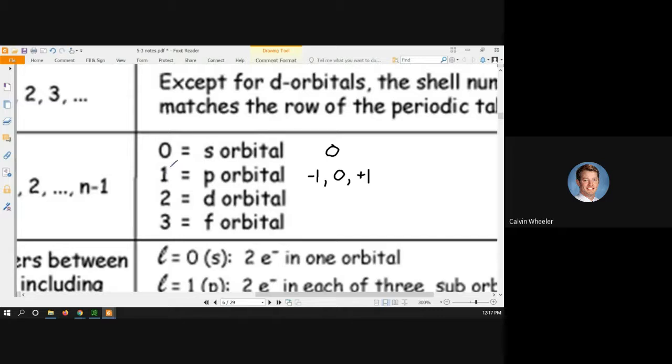If I take the L quantum number, the options for the M sub L orientations are -L, then all the way to 0, then +L.